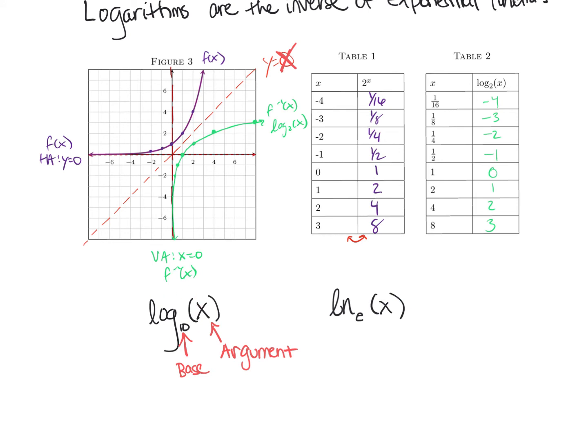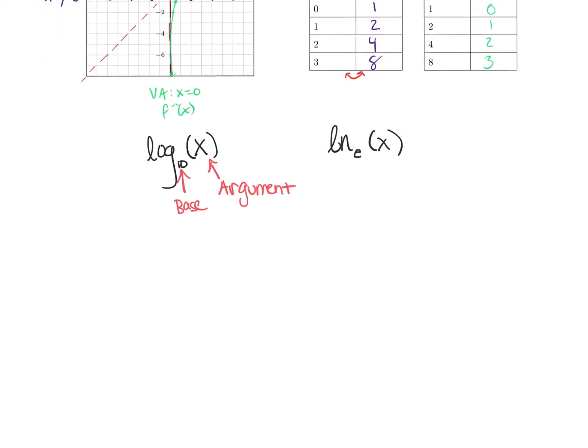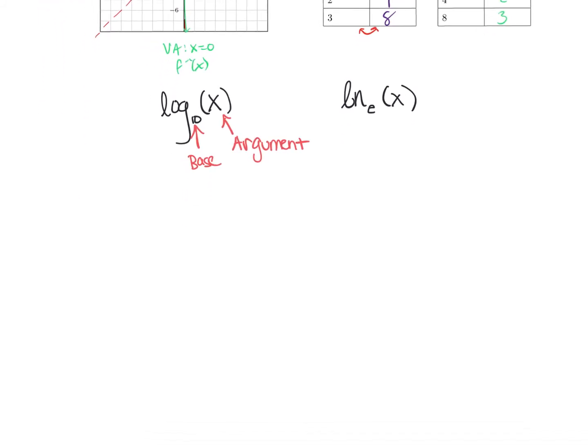So let's look into just some of those log properties. The first property isn't so much a property or a rule, it's more of just a rearrangement. Like, how would we change that from exponential form to logarithmic form and back again?